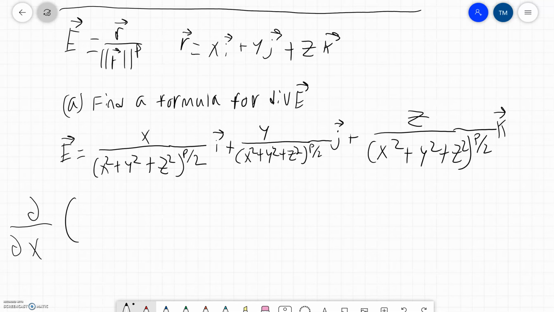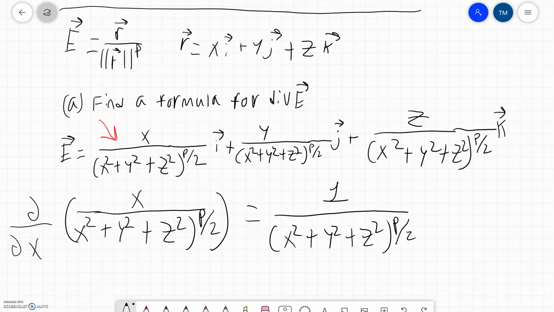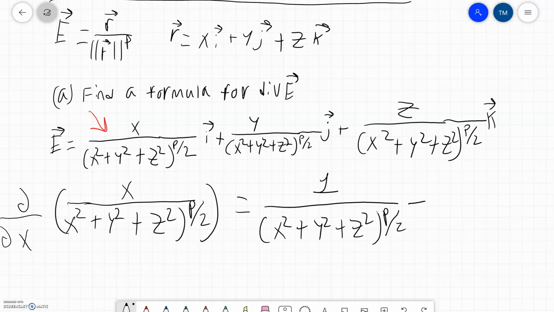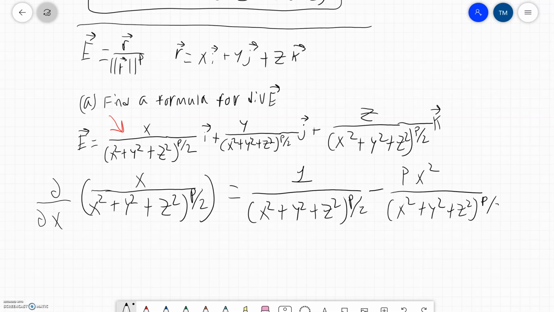So if we just look at the first one here, then we're going to have the partial derivative with respect to x, where x divided by (x squared plus y squared plus z squared) to the p over 2 equals 1 over (x squared plus y squared plus z squared) to the p over 2 minus p x squared over (x squared plus y squared plus z squared) to the p over 2 plus 1.